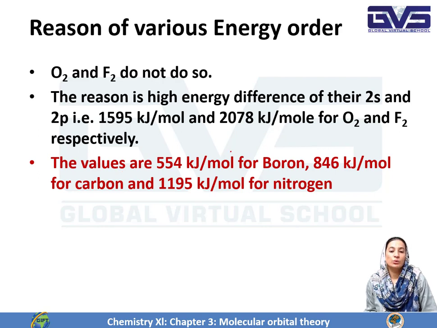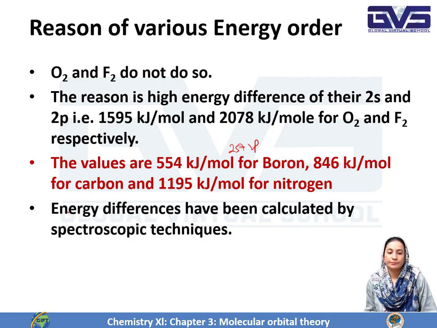That's why 2s and 2p intermix and attain s and p character. So sigma 2px attains p character, and is unstable and raised higher as compared to pi 2py and pi 2pz.